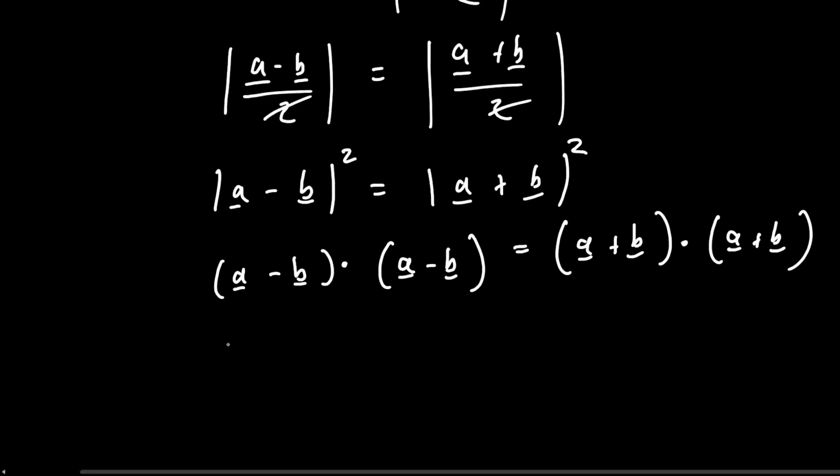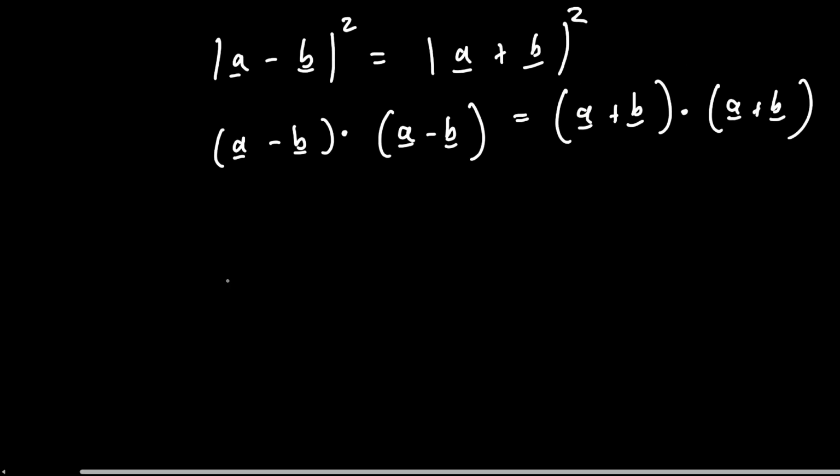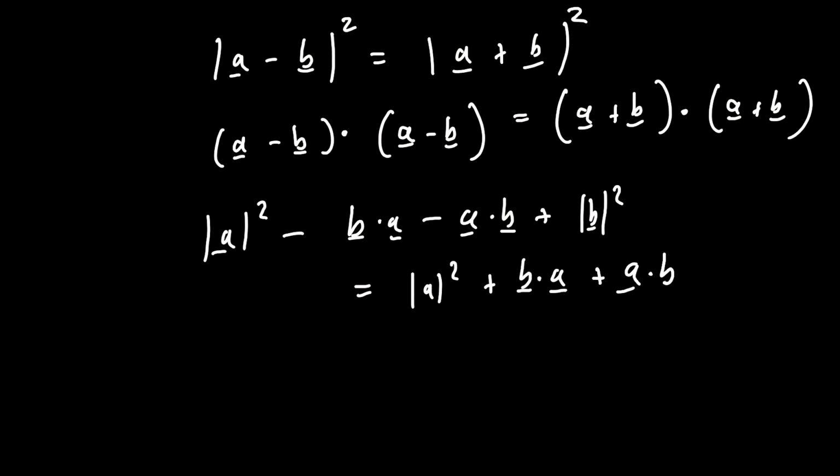And now if I expand this all out, I should arrive at an expression which should prove the statement, and that's going to be magnitude of A squared minus B dot A minus A dot B plus the magnitude of B squared, and that should equal magnitude of A squared plus B dot A plus A dot B plus magnitude of B squared.